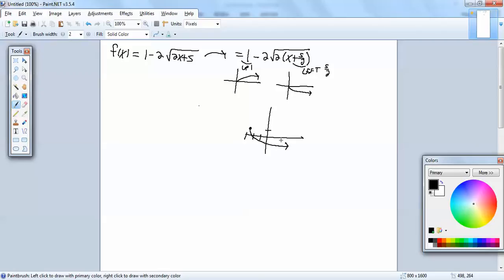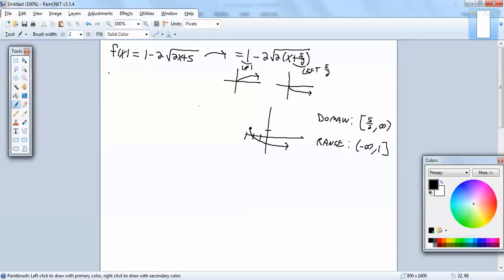So I don't know exactly what it looks like, but that gives me an idea. That tells me my domain is going to go from 5 halves to positive infinity. Those are the x values, where it starts, 5 halves, 2.5. And your range looks like it starts at 1 and then goes down forever. So we're going to have negative infinity to 1.